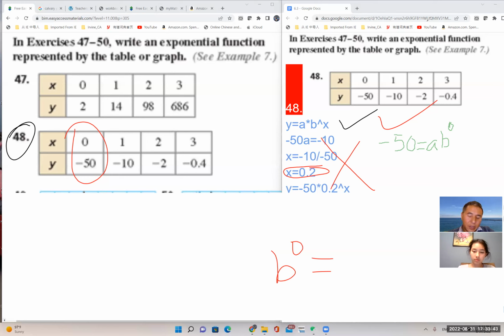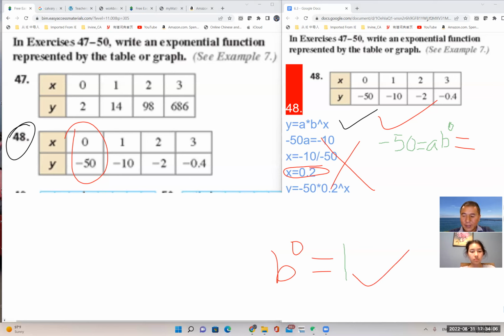Yeah, if b is not 0. You say you get it yourself. That means this equal to what? b to the zero power equal to 1. Yeah, keep going to simplify.